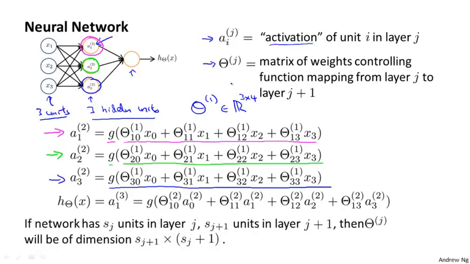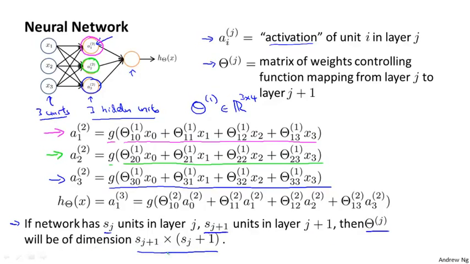And more generally, if a network has Sj units in layer j and Sj plus 1 units in layer j plus 1, then the matrix theta j, which governs the function mapping from layer j to layer j plus 1, will have dimension Sj plus 1 by Sj plus 1.